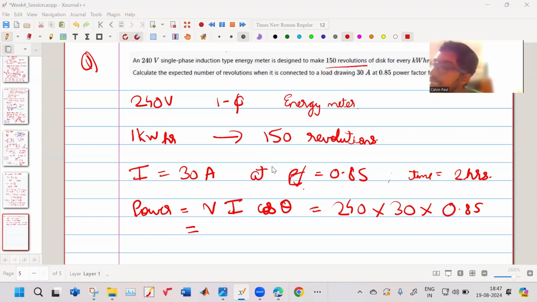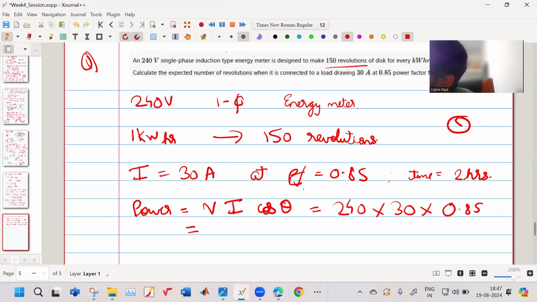Now, a revolution: you have one disk, and it will rotate. How many times has it rotated? Say I have my disk with a red part over here, rotating in this direction.